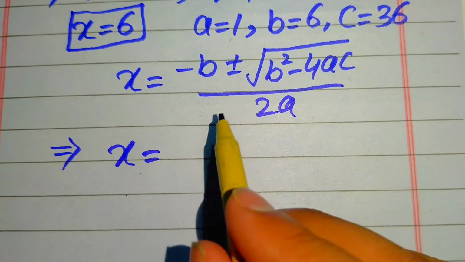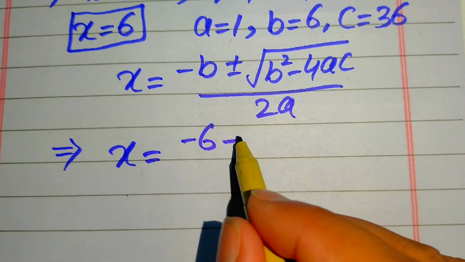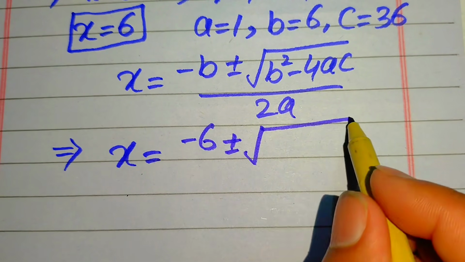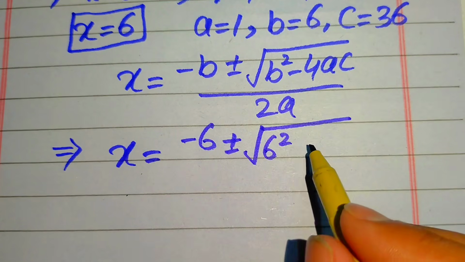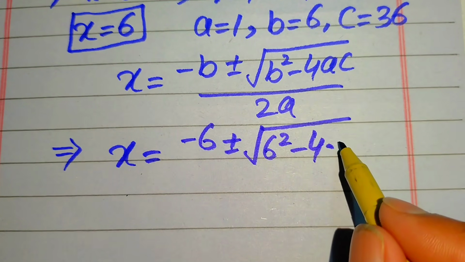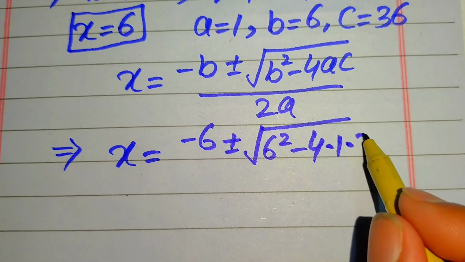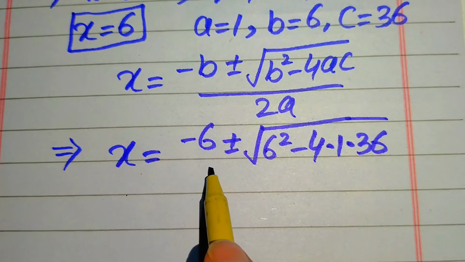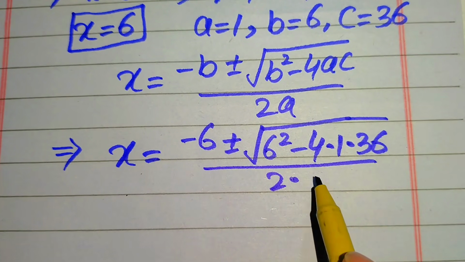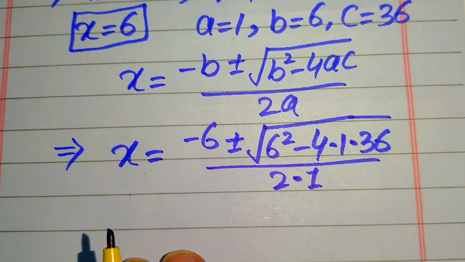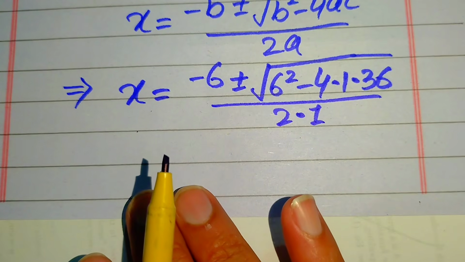So we substitute all these values here, and we get minus 6 plus minus square root of b square. So b is 6 becomes 6 square minus 4 times of a is 1, and c is 36, and it is divided by 2 times of a, and here our a is equal to 1.